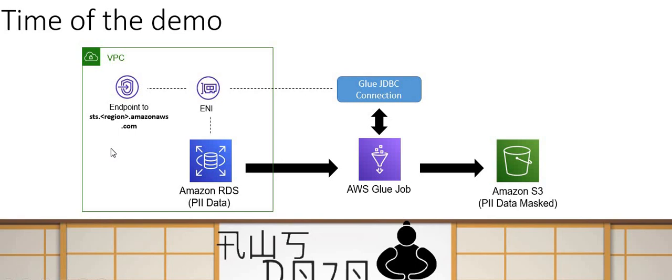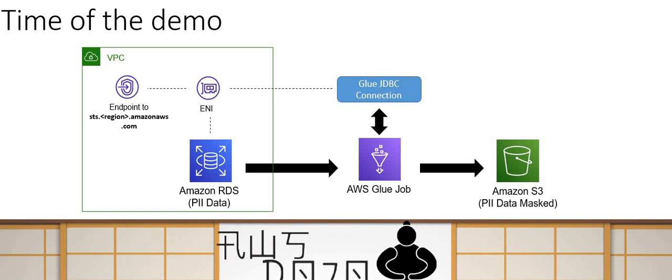In your case, if you don't have this kind of benefit, then you might want to create a Glue network connection into a VPC and let that VPC have an endpoint configured to the STS service, so that your Glue job has a network path to the STS service, because a Glue job does use STS when calling the Glue machine learning APIs.